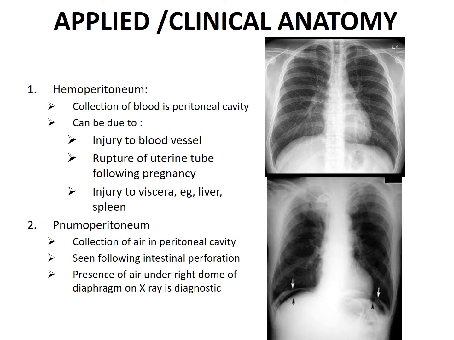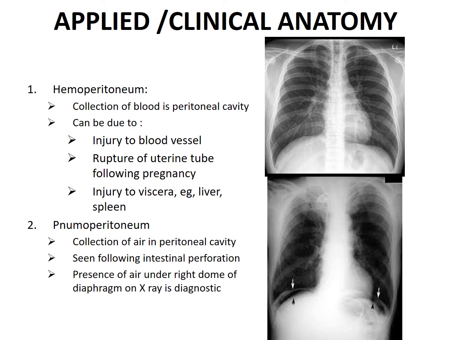The collection of blood in the peritoneal cavity is called hemoperitoneum, which can occur due to rupture of blood vessels or rupture of uterine tubes in case of ectopic pregnancy, or rupture of viscera which have a lot of blood supply like liver and spleen, and this is generally seen in case of roadside accidents.